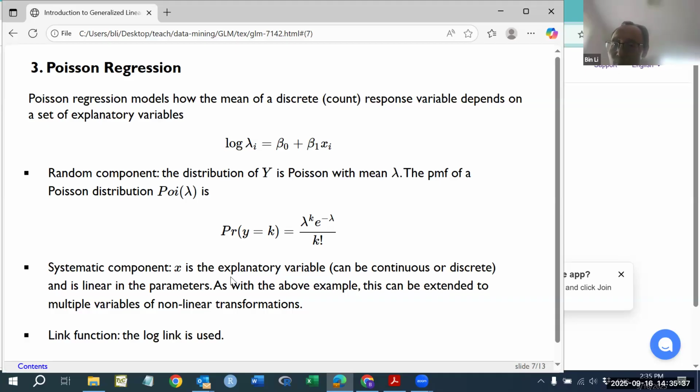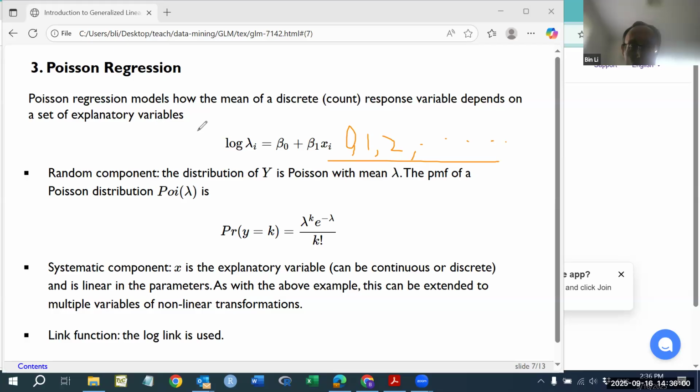It's a discrete count response variable, so the possible values for y are 0, 1, 2, those integers. These are the possible values for Poisson regression response values.